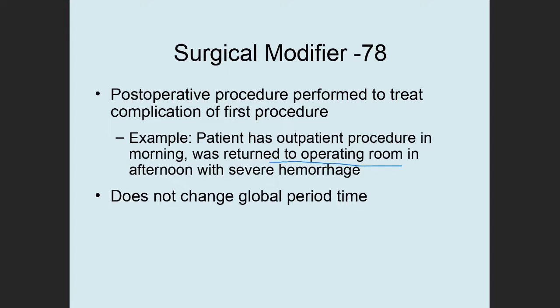So a patient had an outpatient procedure in the morning, was returned to the operating room in the afternoon with hemorrhage. This does not change the global period. So if the first procedure had a 10-day global period, and it goes back to the operating room, you still stick with that initial 10-day period.